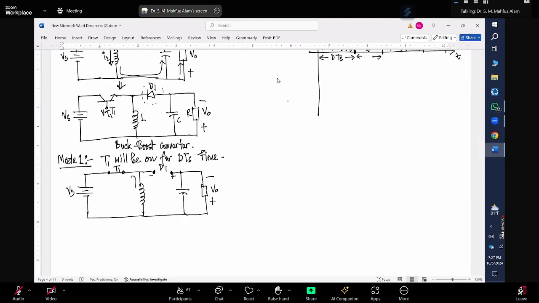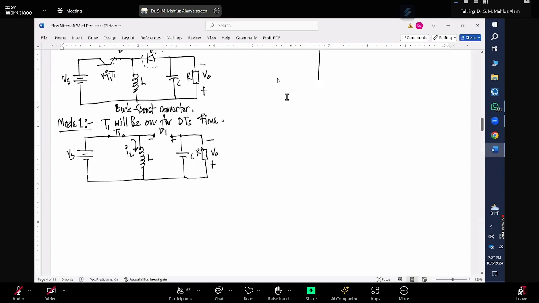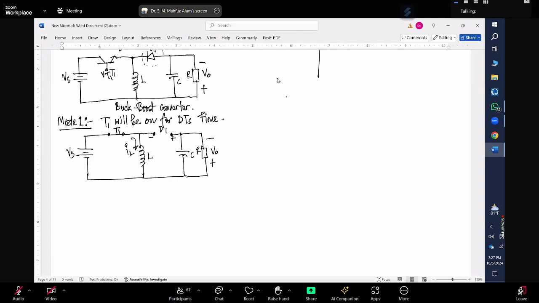Now, this will be my IL. This is my L. This is C and R. So what will be the voltage across the inductor? The voltage across the inductor would be the source voltage, right?